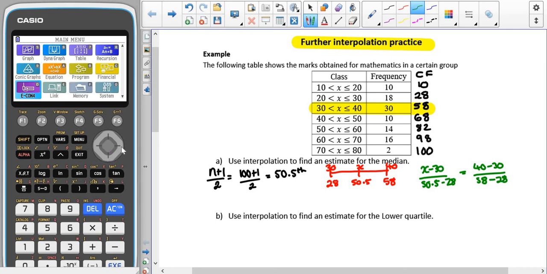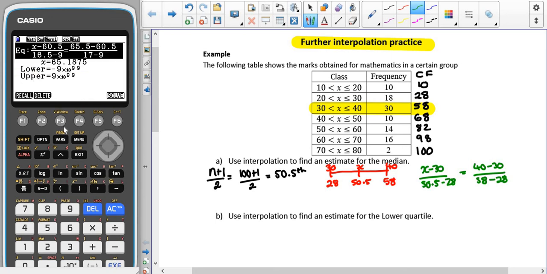So then we're going to go to equation solver, and now we're going to type it into here. You can just type over whatever you've already got in here.